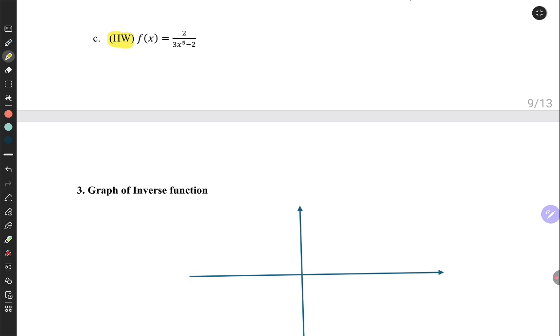Inverse, inverse, inverse. So for x in terms of y, technically when you solve for x in terms of y, you're done, right? You just change x and y, you get your inverse.